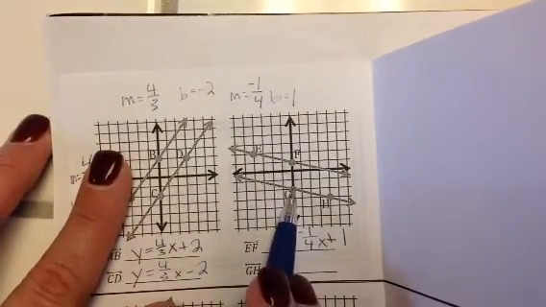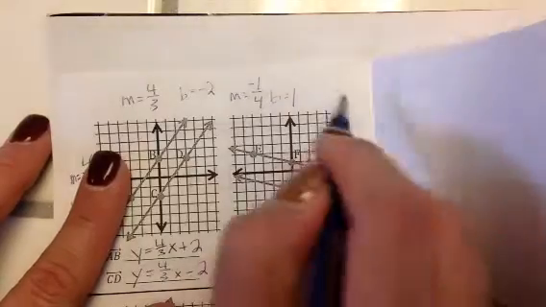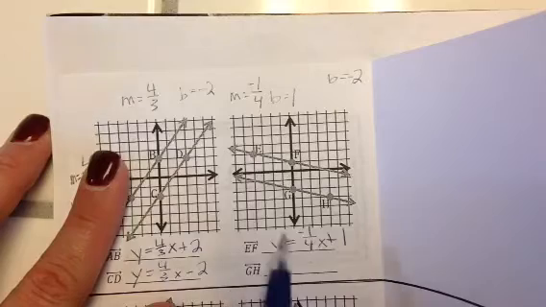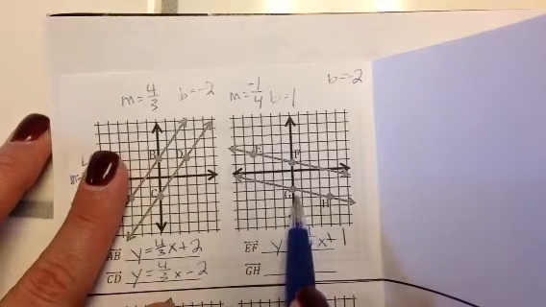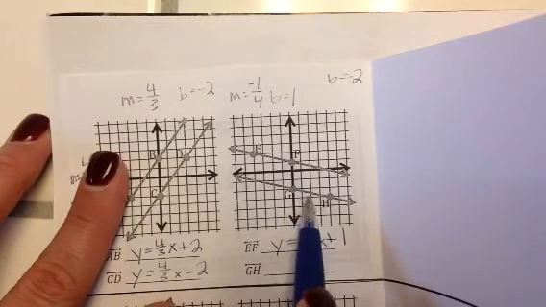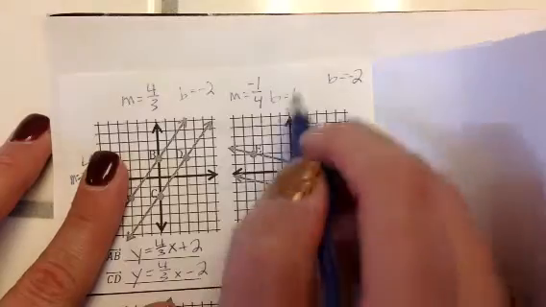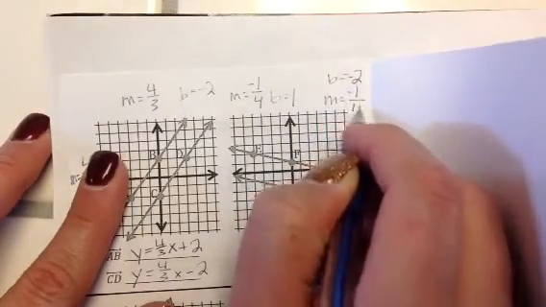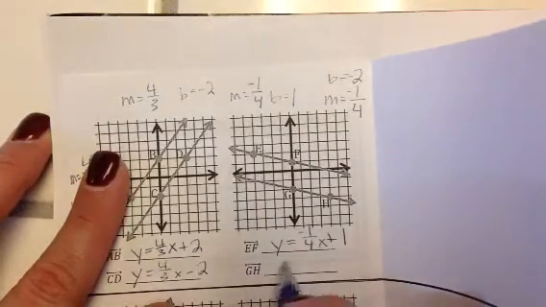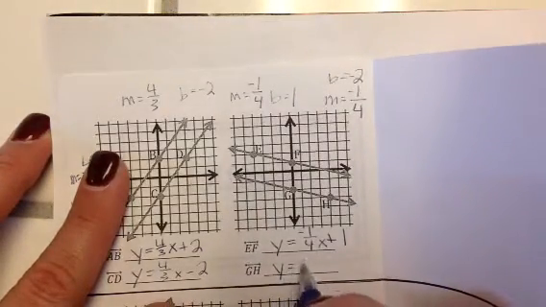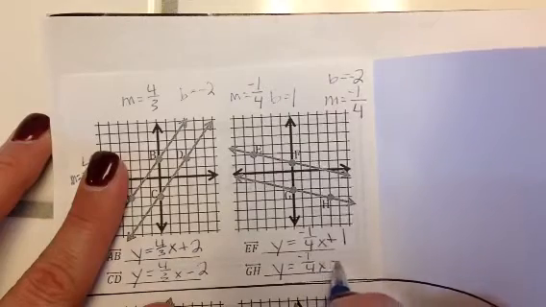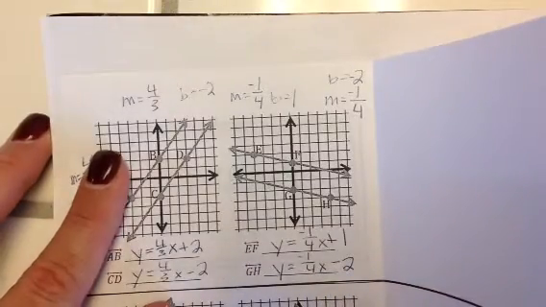So G is at -2, so this one has a B of -2, and it has a slope of down 1 over 1, 2, 3, 4. So its slope is -1 over 4. The equation then is y equals -1/4 x minus 2.